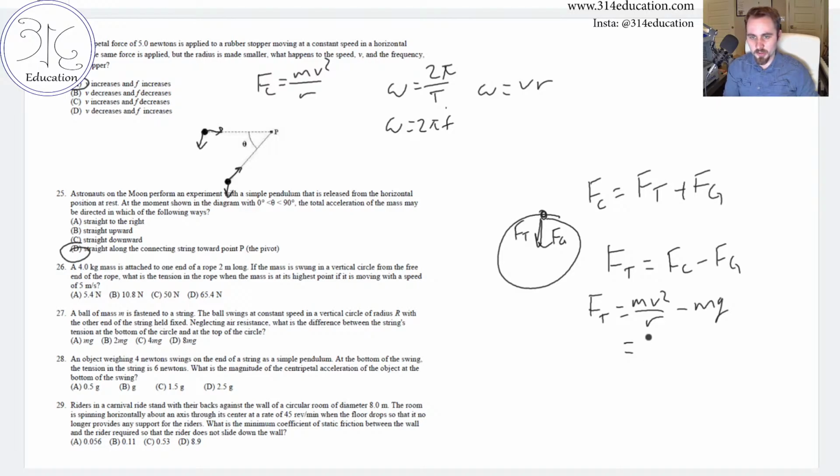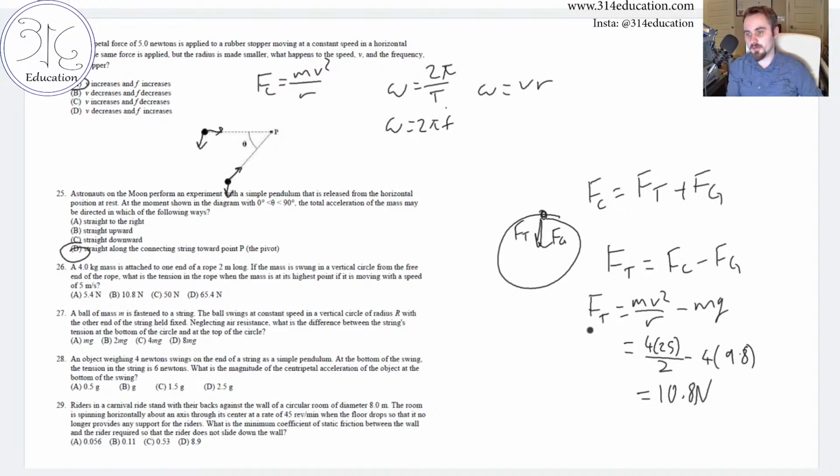So we have 4 times 25, which is 100, divided by 2, so that's 50, minus 4 times 9.8, which they do use 9.8, so 4 times 9.8 is 39.2. And so we get 50 minus 39.2, which is going to give us a tension of 10.8 newtons, not 50.